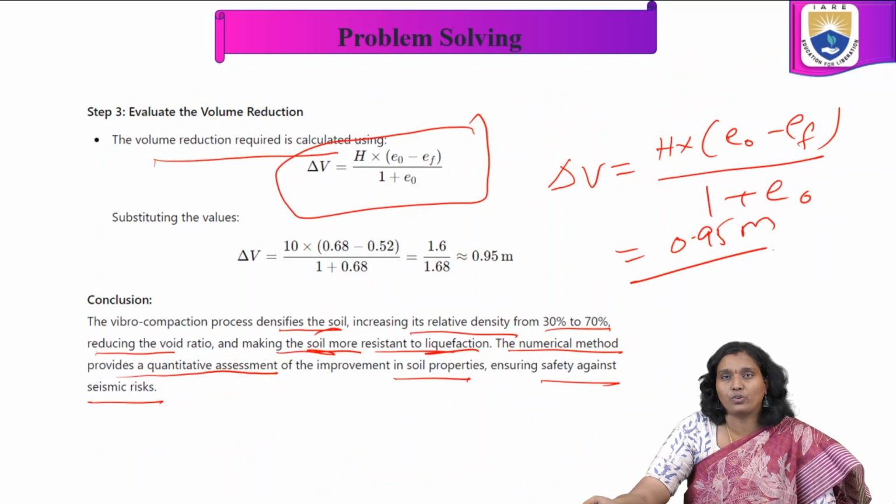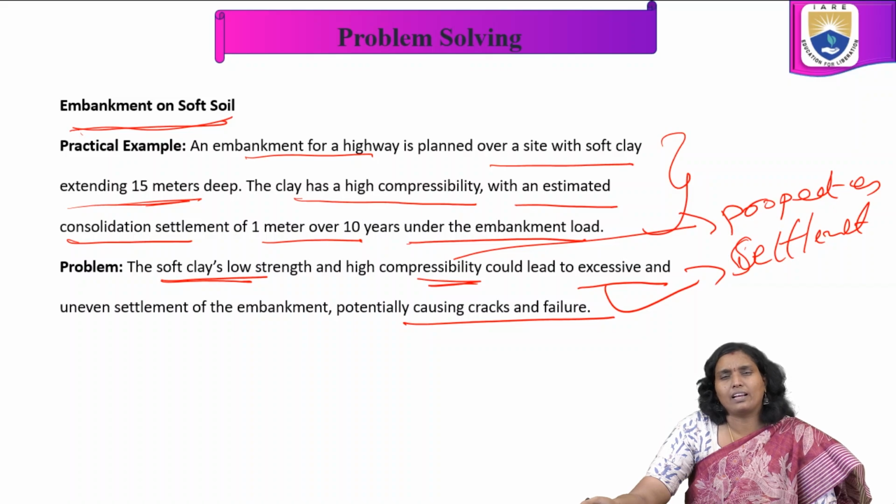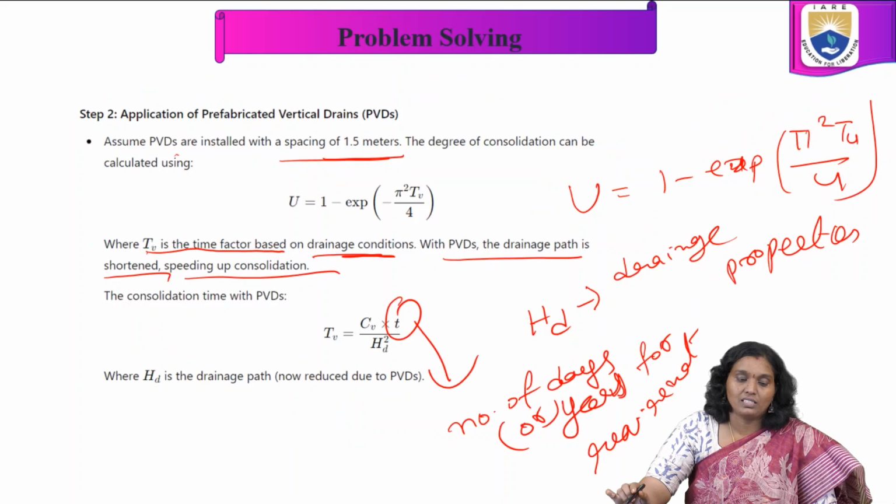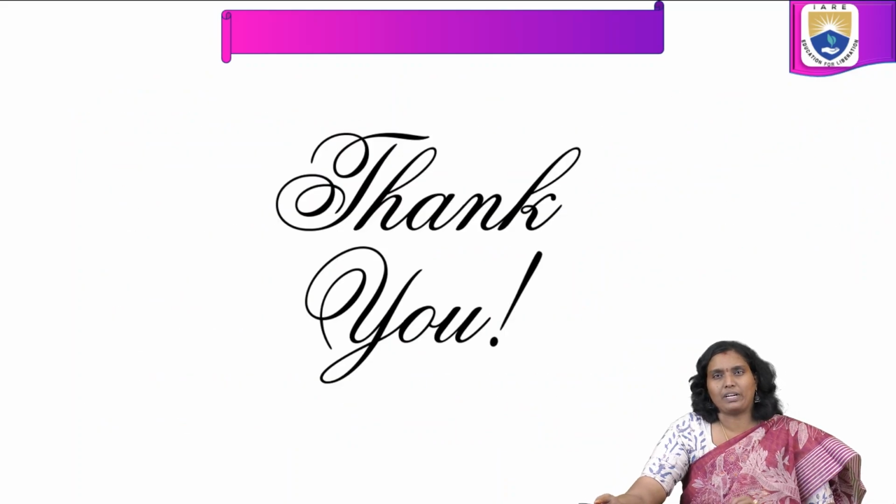According to that, we choose the respective technique. Fewer options may be available, and among those options we choose based on the property, the technique which gives the desired property. So like this, we are understanding all the parameters.